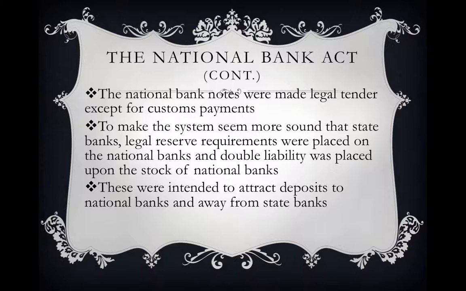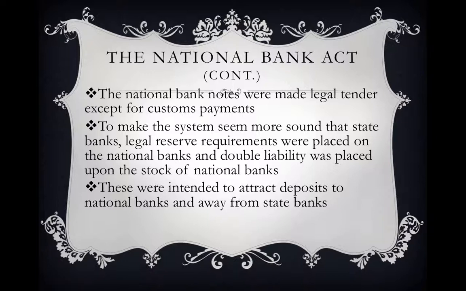All right. Also, to make sure that the system was more sound, they required reserve requirements. So this gave it a distinction over the state banks, that there was a reserve requirement in place for the National Bank Act.